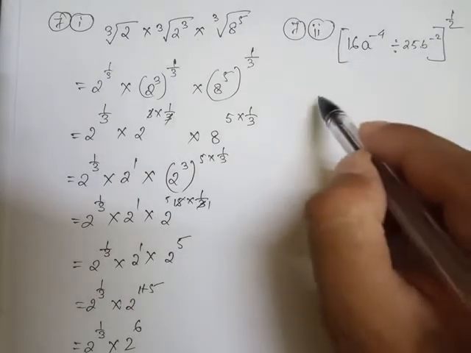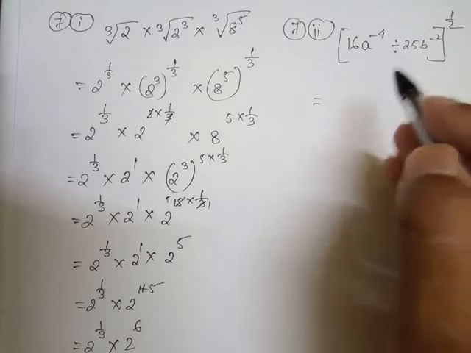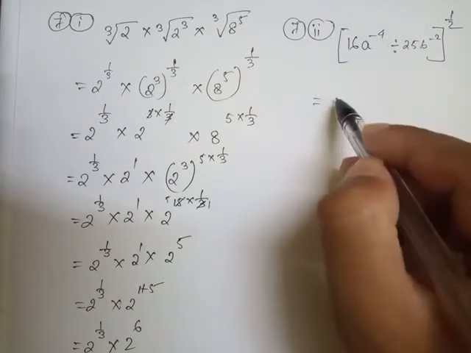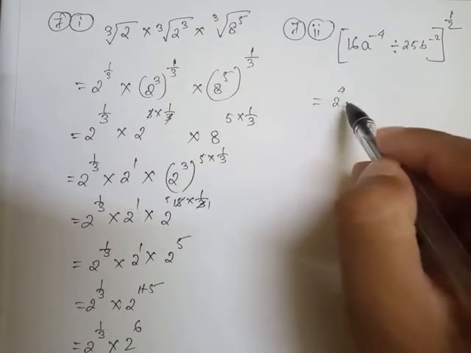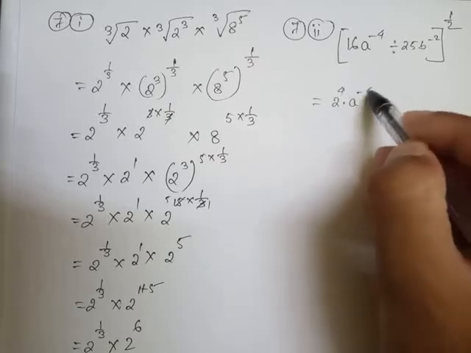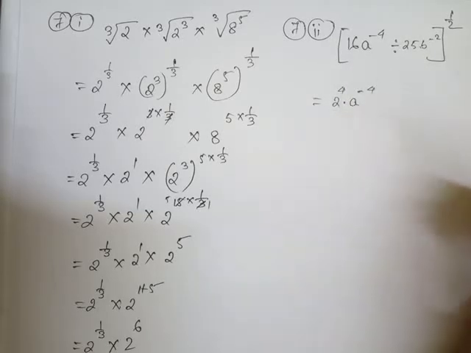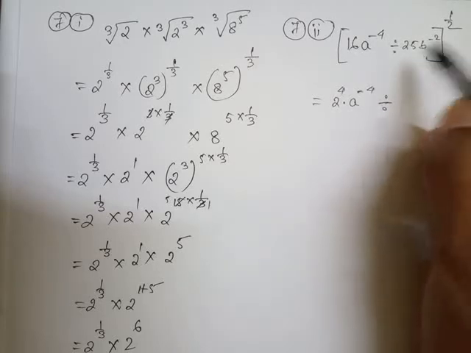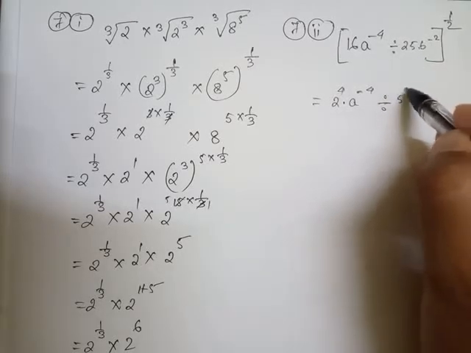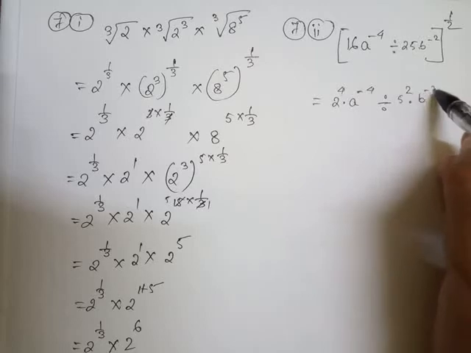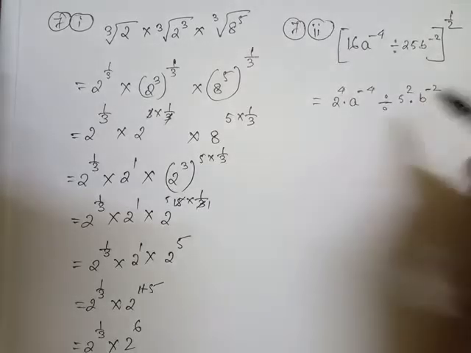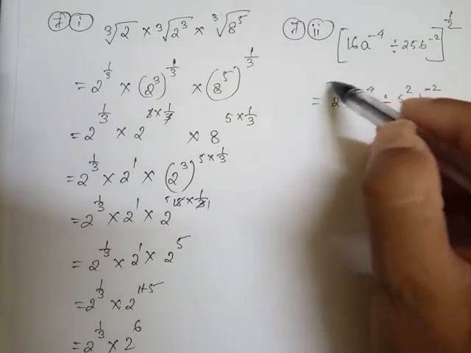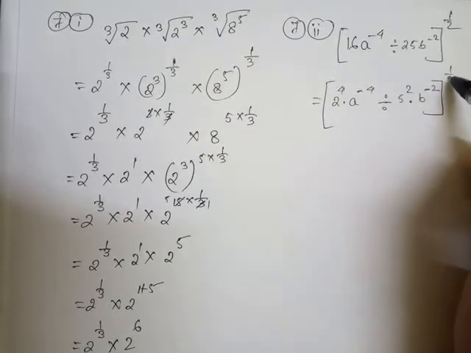In the next step we'll write that 16 can be written as 2 to the power 4 into a to the power minus 4. This dot means into, and here is the division sign, and 25 can be written as 5 square into b to the power minus 2, whole to the power half.